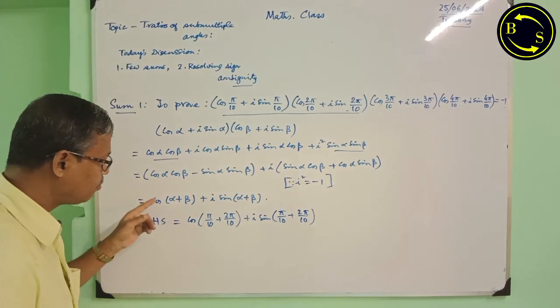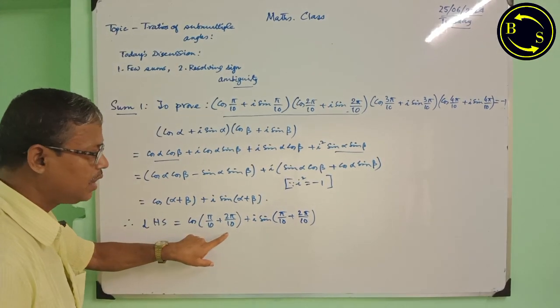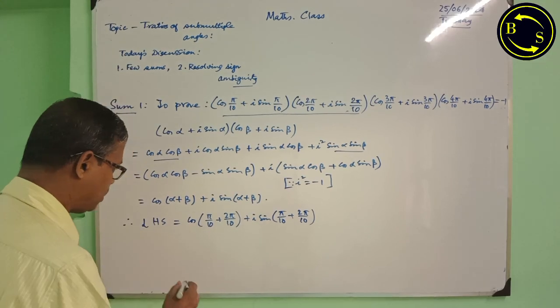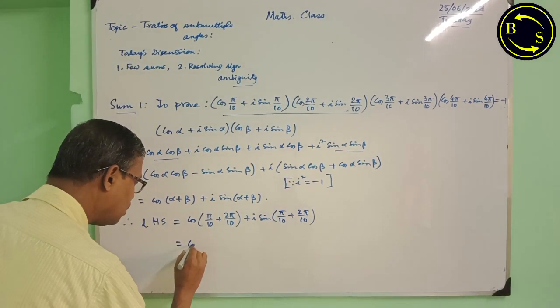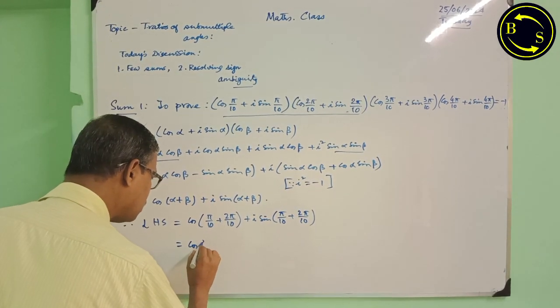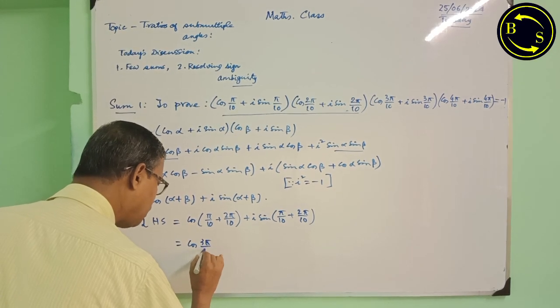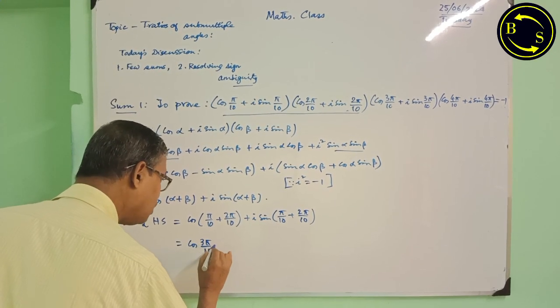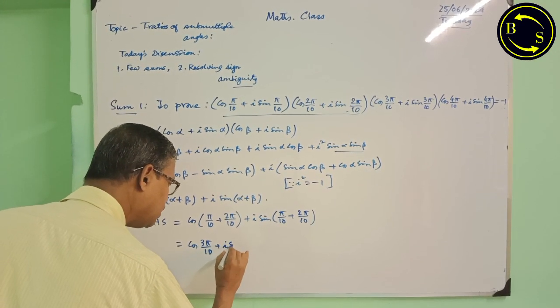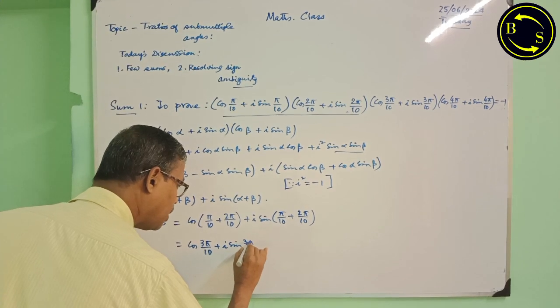Therefore, the product will be of this form: cos of alpha plus beta plus I sin of alpha plus beta. That means cos 2 pi by 10 plus I sin 3 pi by 10.